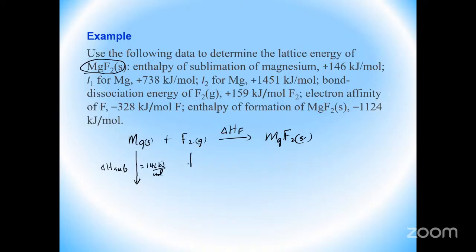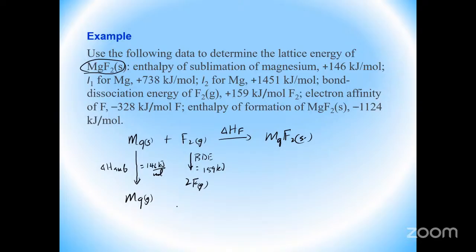And then for F2, that's a bond dissociation energy for F2, which will give you 2F here. And that is equal to plus 159 kilojoules. All right. So here you're going to have 2F gaseous atoms, and here you're going to have magnesium gaseous atoms, right?